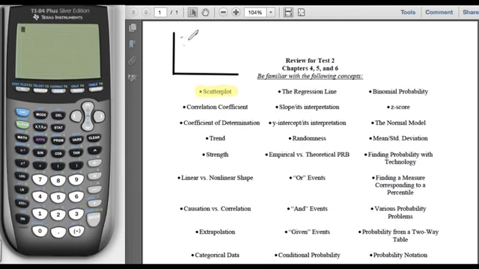Scatter plot will look something like this. And down here on this horizontal axis, you have the explanatory variable. This is your x.